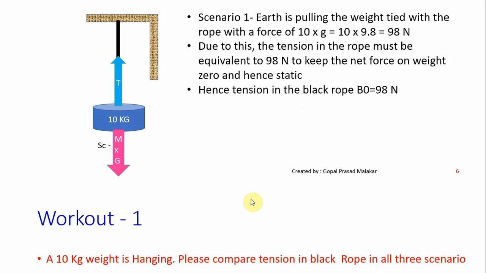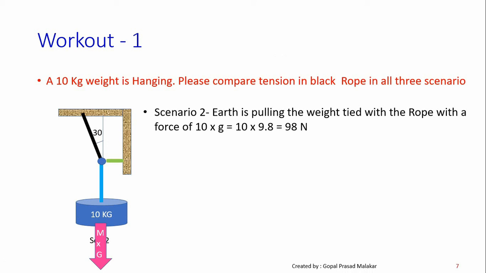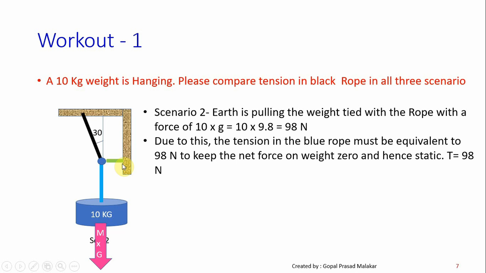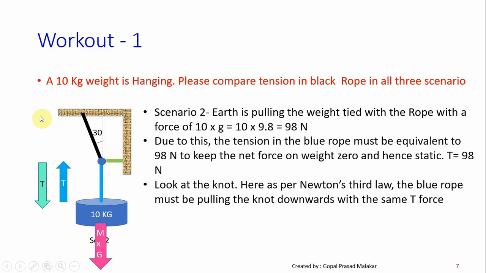Now let's go to the next scenario. In the next scenario, again the tension on this blue part has to be 98 Newton, because only then it will cancel. But this black, right, everything is tied with a knot. Now think of it: if the tension in this black cable is B1, there are two components.